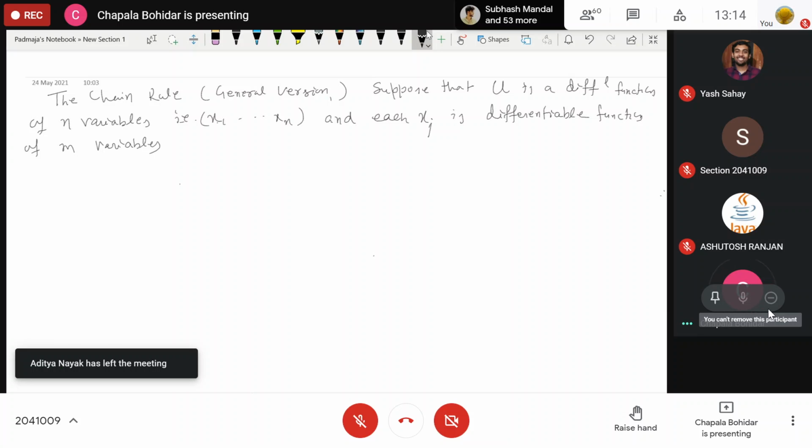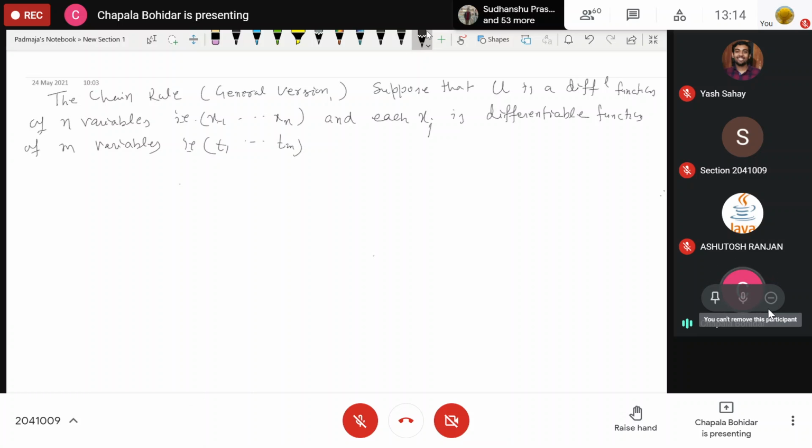That is your t1 up to tm. Then u is directly a differentiable function of this one. U is a function of t1 up to tm.